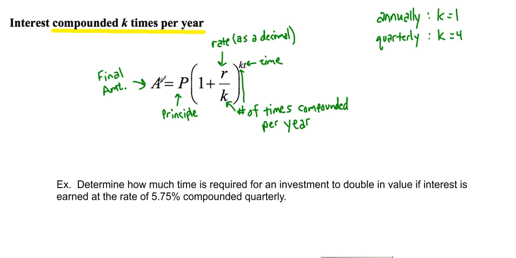Okay, so now that we know what each of the variables of our compounding over an interval formula means, let's look at an example. Okay, it says determine how much time is required for an investment to double in value if interest is earned at the rate of 5.75% compounded quarterly.